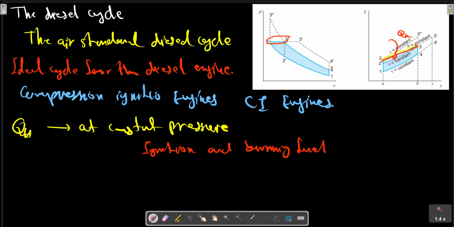Since the gas is expanded during the heat addition in the air standard cycle, the heat transfer must be just sufficient to maintain constant pressure.